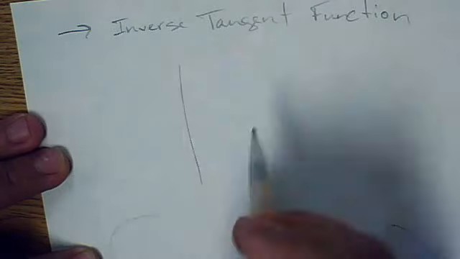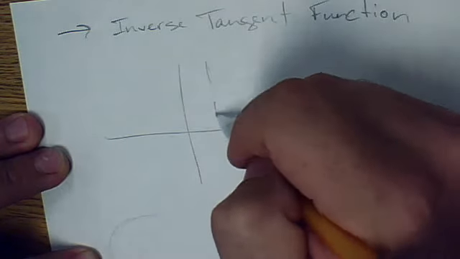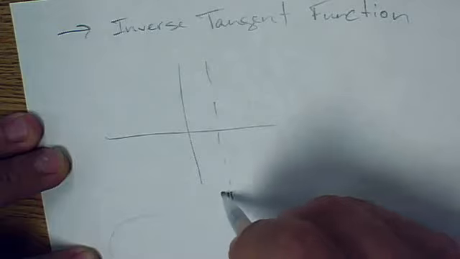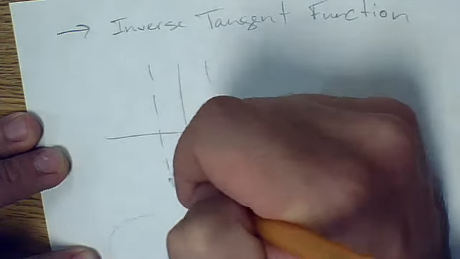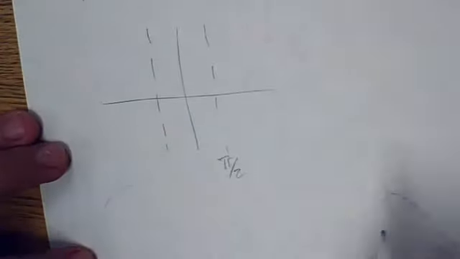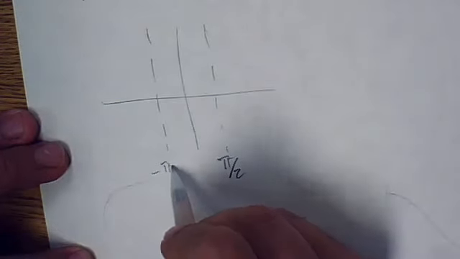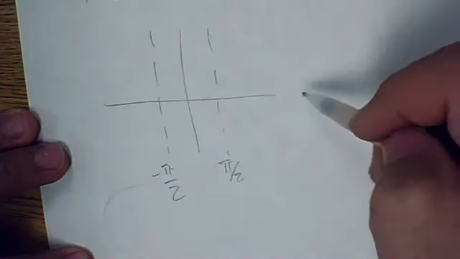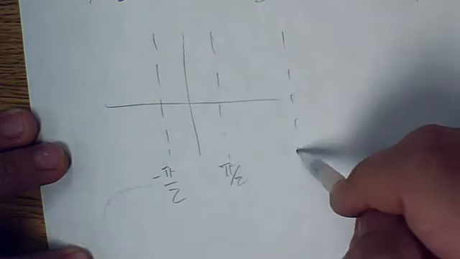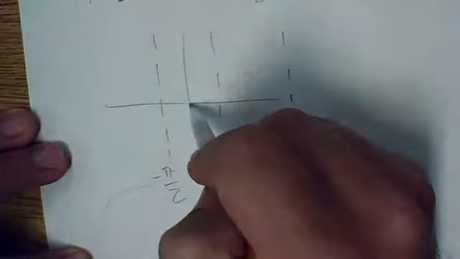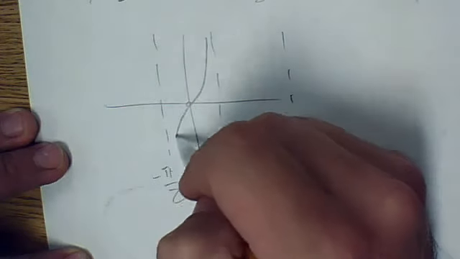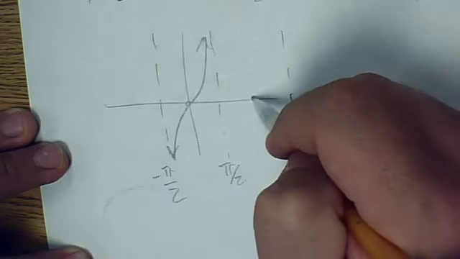If you think about that graph, you've got an asymptote right there at pi over 2. You've got an asymptote right here at negative pi over 2. And you've got another one over here at 3 pi over 2, and this graph just continues.